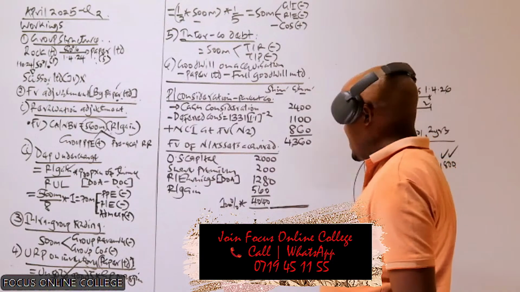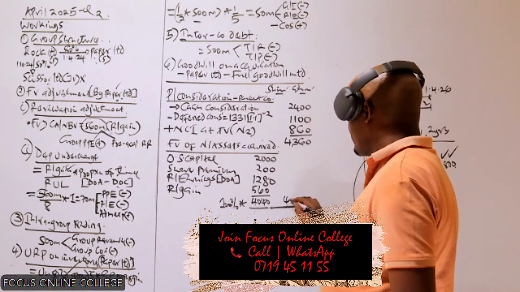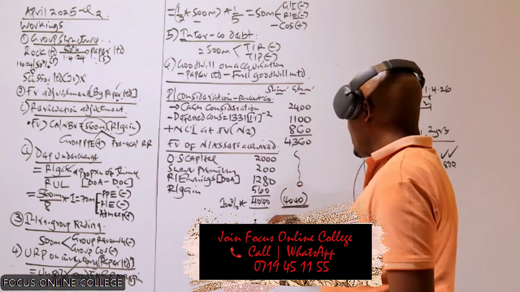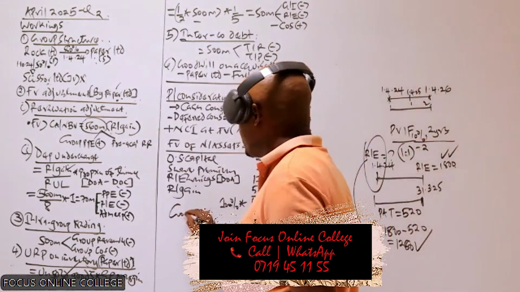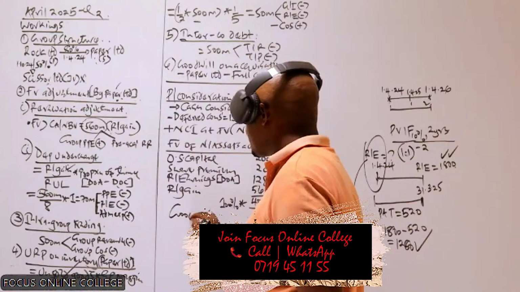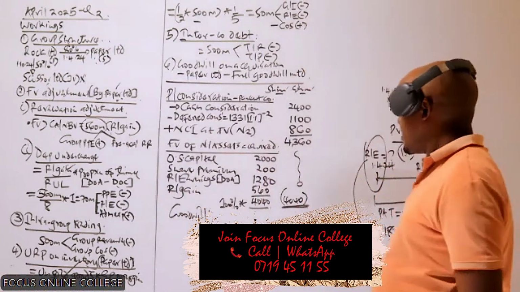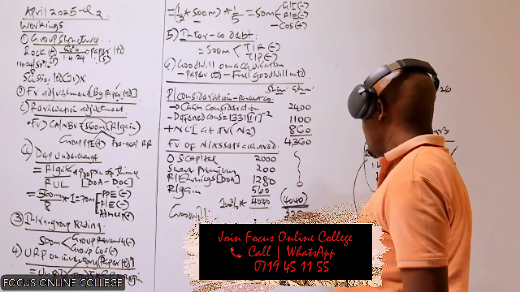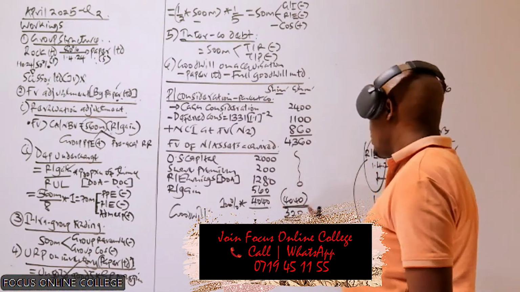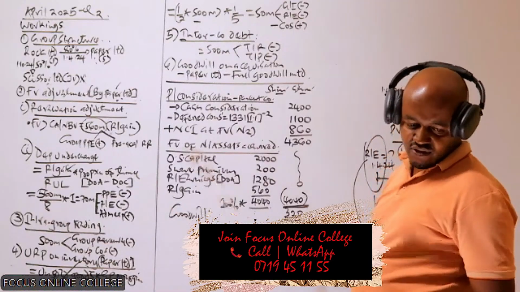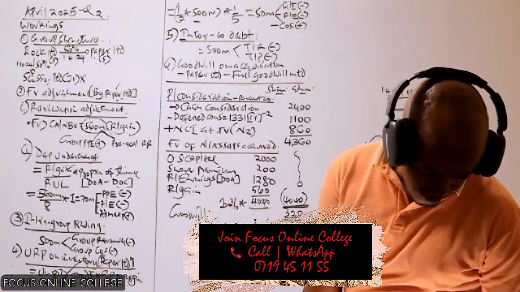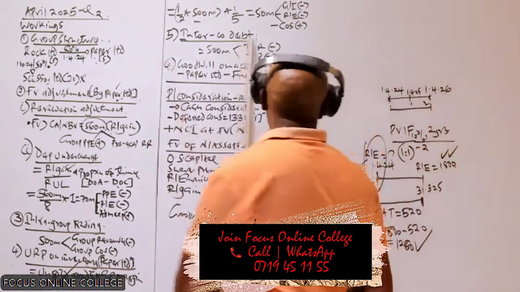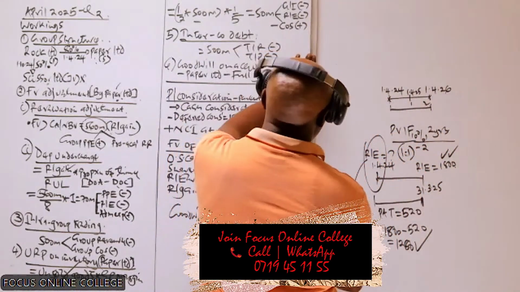So we less it from the figure we have up there, and we get the goodwill. So our goodwill will be 320. Now, also you have to check, was this goodwill impaired? In our case, we are told as per note number 4 that the goodwill was not impaired.